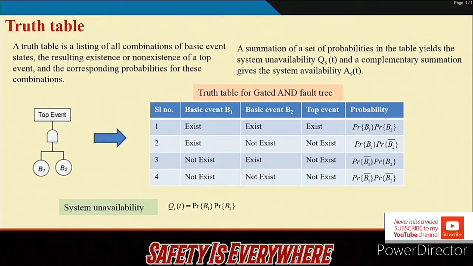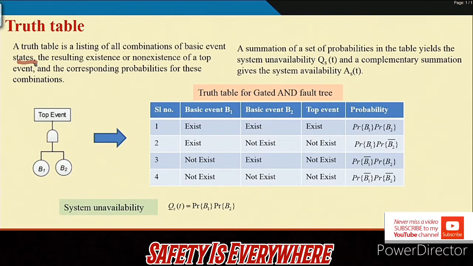Let us first understand what a truth table is. A truth table lists all combinations of basic event states. Then we will find out for which combination the top event exists and for which combination the top event does not exist.